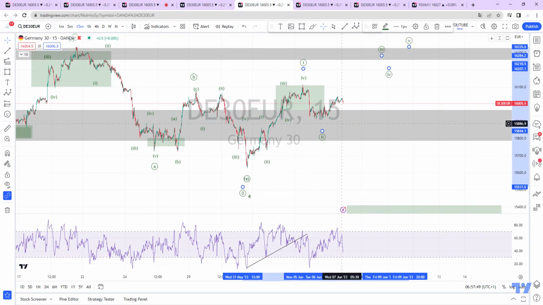Here, that this is our situation, and that we only had a very shallow wave 2 retracement.